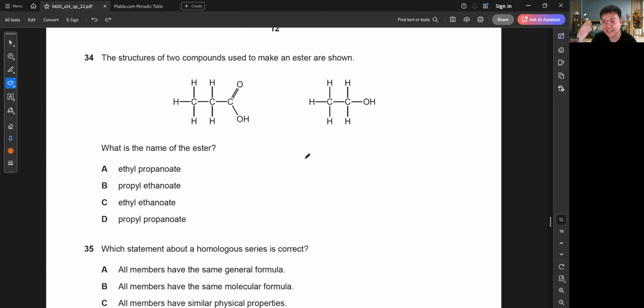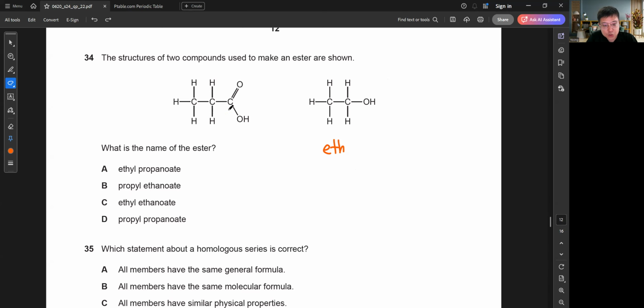34. So looks like the easier questions are at the back, huh? Two compounds used to make an ester. What is the name of the ester? Okay, this one here, students need to remember that the alcohol is always the name in front. So here, how many carbons do we have? 2. Students would also have memorized that it's eth when we have 2.